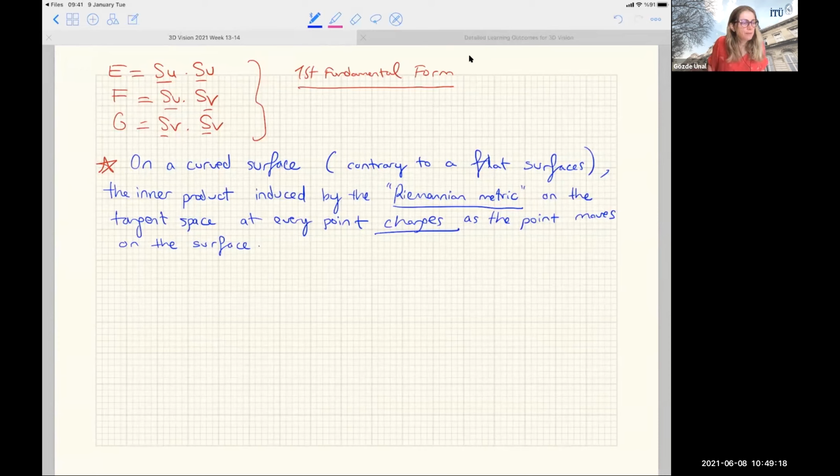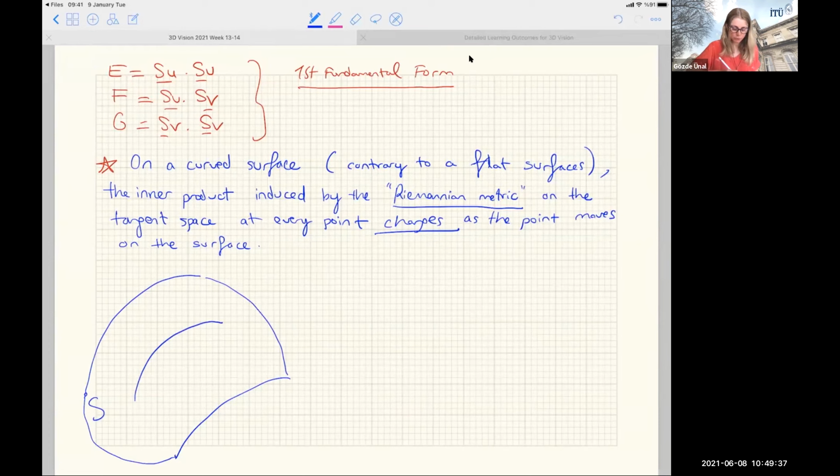So, for instance, let's do this length calculation. Again, I draw a surface here, S, a curved surface. Let's say I have a point P, which is S of (u, v).